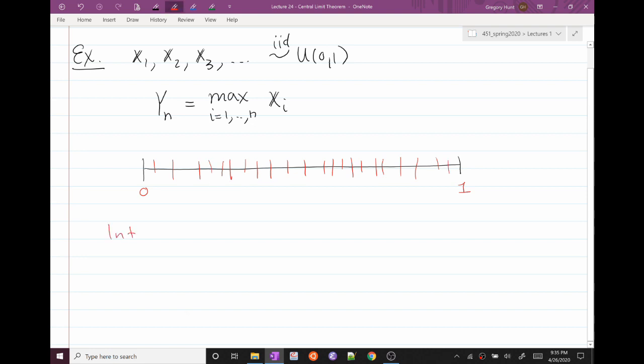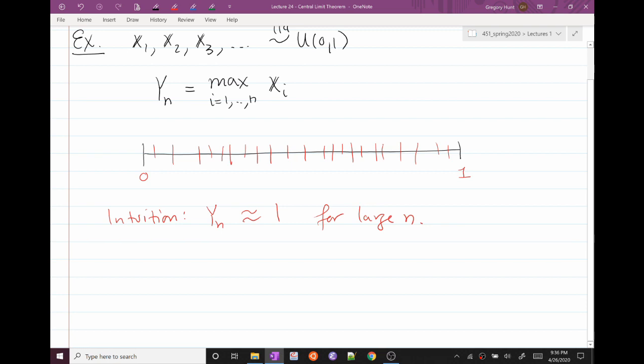So our intuition is that these Y sub n's should somehow be approximately 1 for large n.